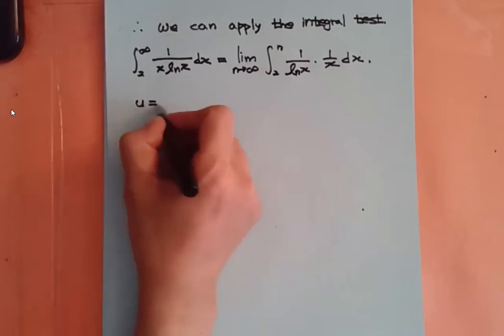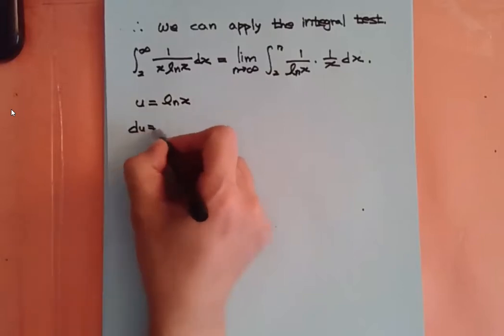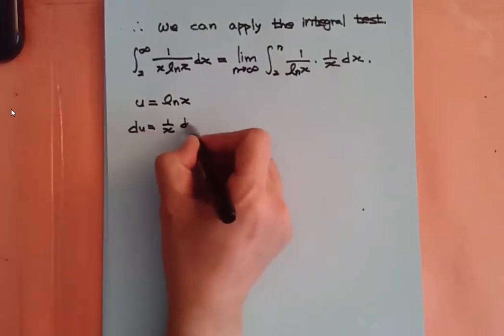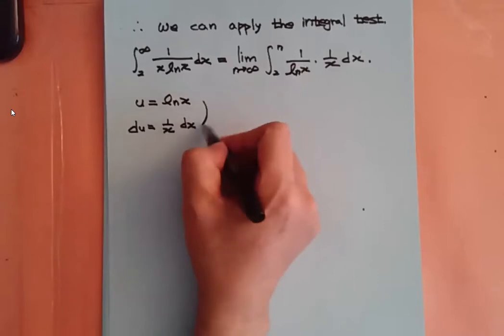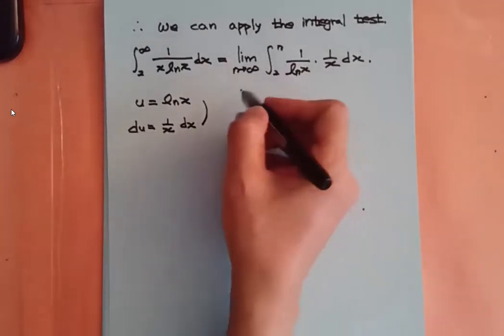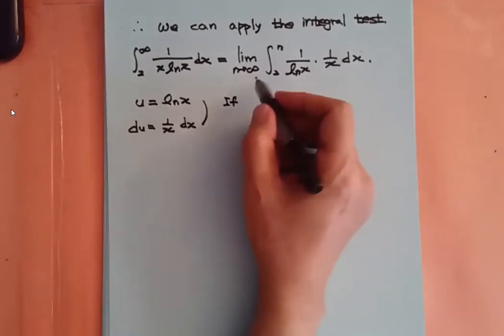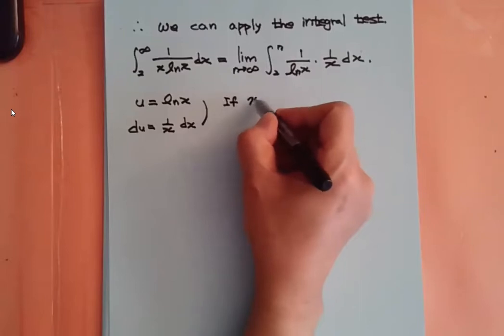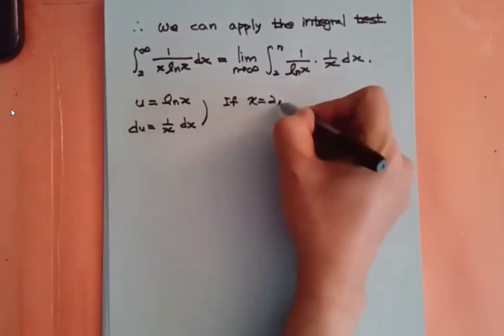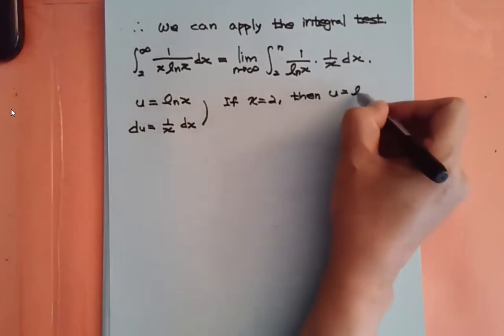So u equals natural log of x, then du equals 1 over x dx. And we have to change the lower bound and upper bound according to the variable u. So if x equals 2, then u equals natural log of 2.